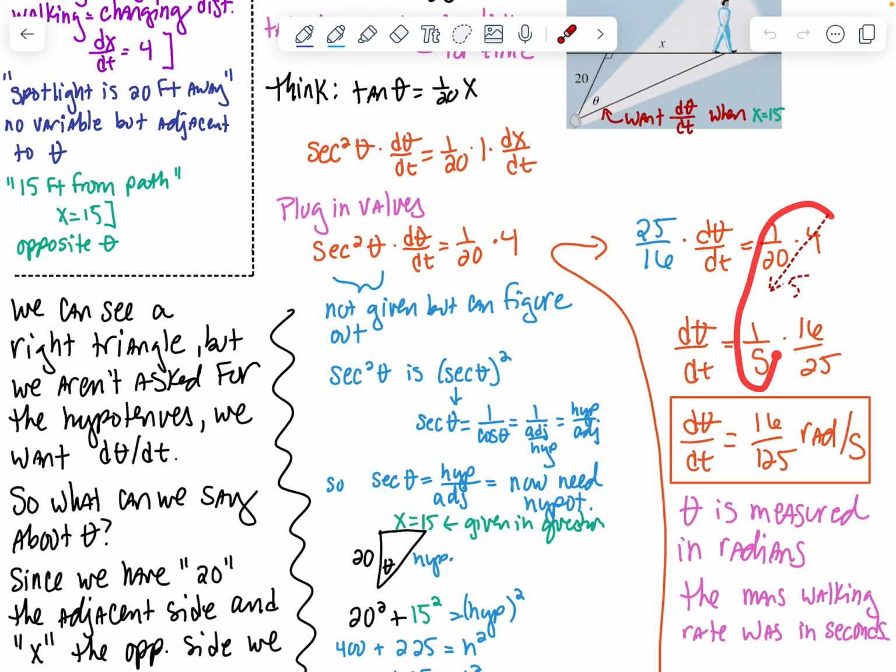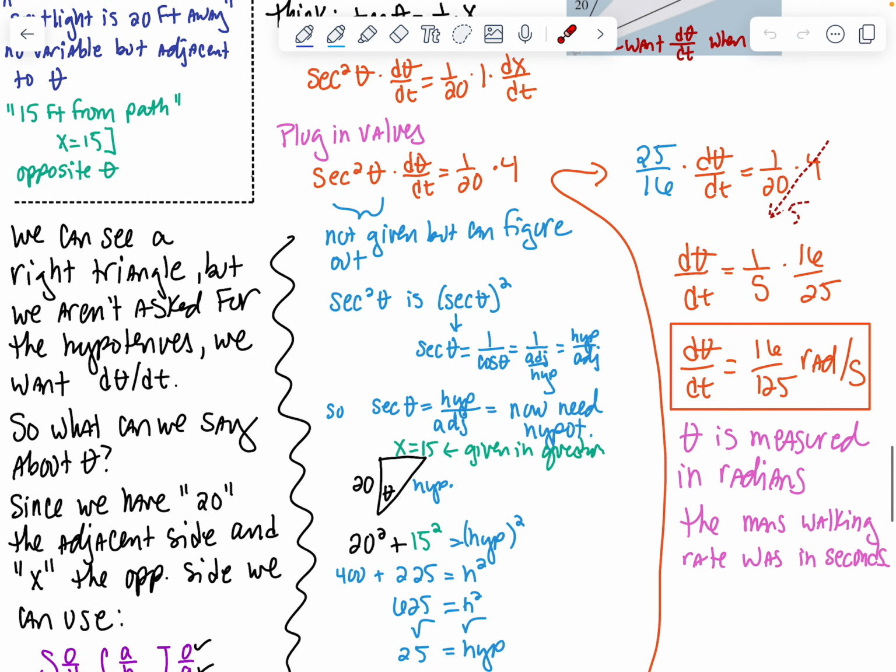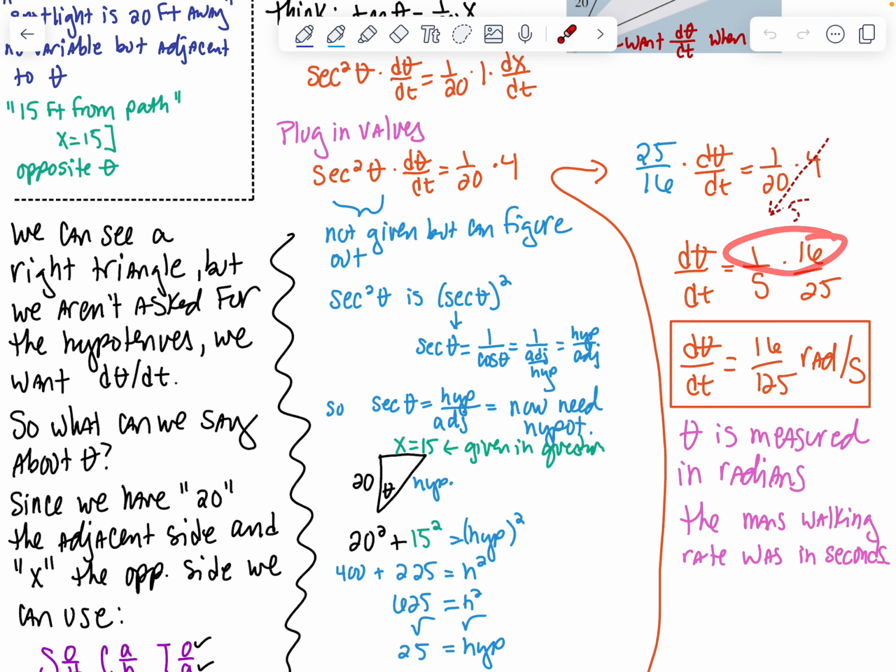So what we can do is leave the 1/5 on the right side, divide both sides by the reciprocal, which would be 16 over 25, so that I have dθ/dt alone on one side. And as I multiply across the tops of my fractions and the bottoms of my fractions, the numeric value of my answer, the rate at which the spotlight is rotating, is 16/25ths. But what are the units?